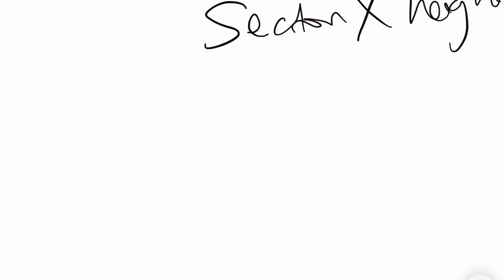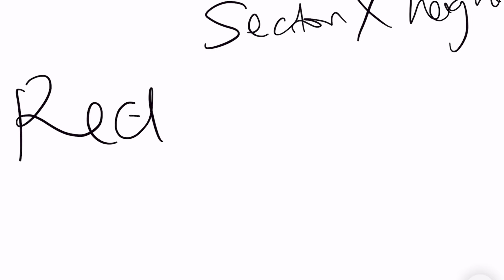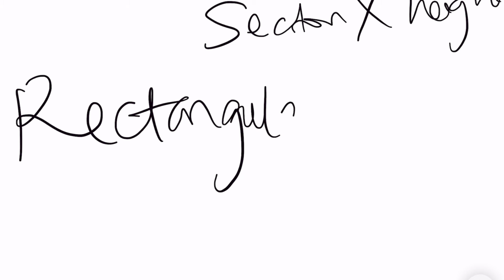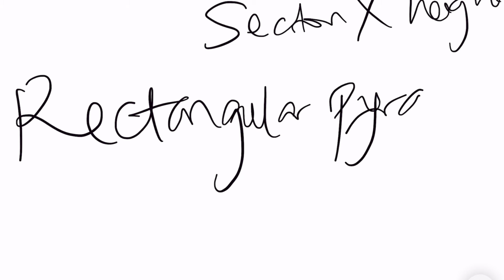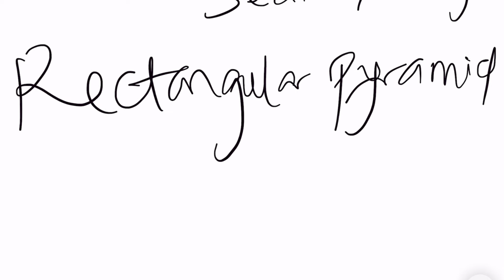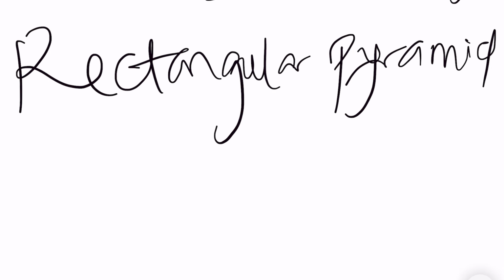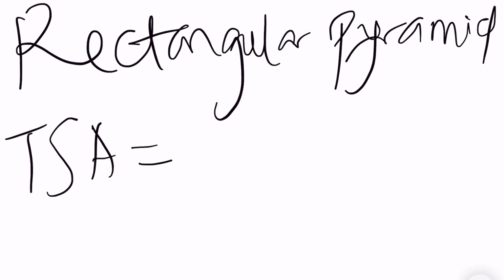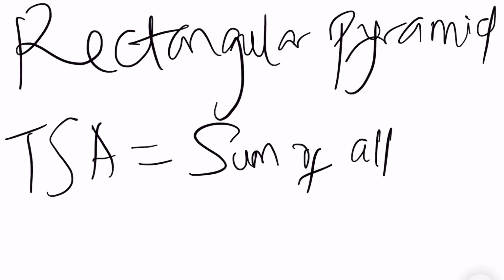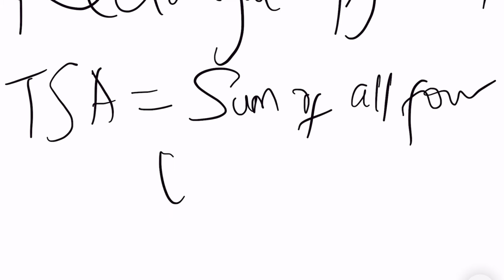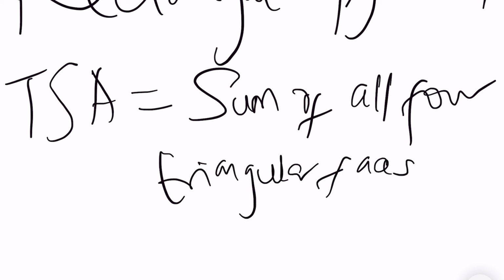Now for a rectangular pyramid, we have the total surface area to be the sum of all four triangular faces plus the base area.